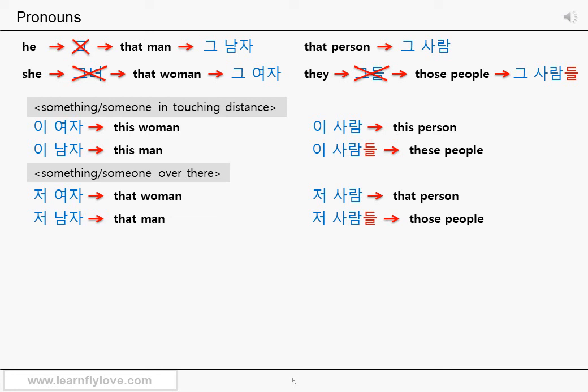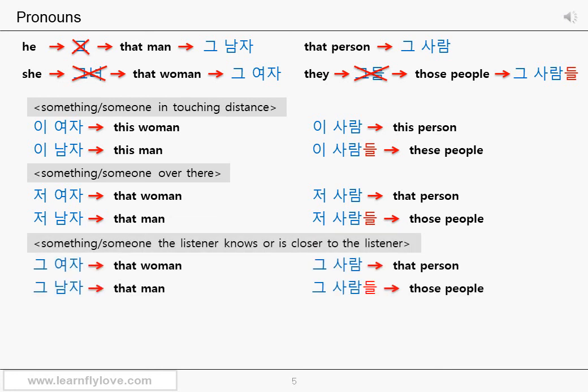Those people, 저 사람들. When you indicate something or someone that the listener already knows what or who you are referring to, or that is closer to the listener than to you, you use 그 sound. That woman, basically she, 그 여자. That man, basically he, 그 남자. That person, 그 사람. Those people that the listener knows or closer to the listener, 그 사람들.